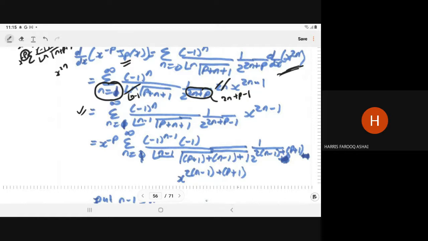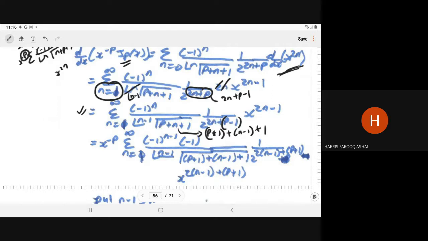This you can also write as p plus 1, and here you write n minus 1 plus 1, so that plus 1 minus 1 cancels out, and we have the same gamma of p plus n plus 1.